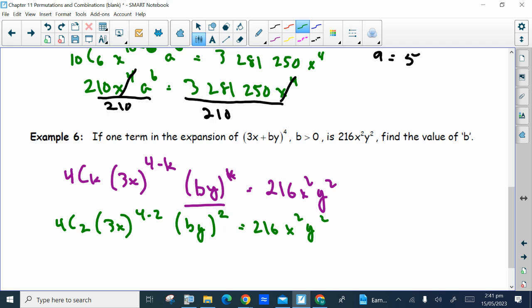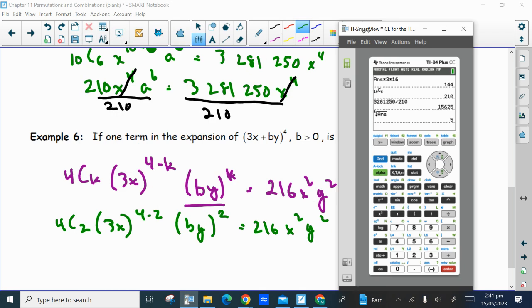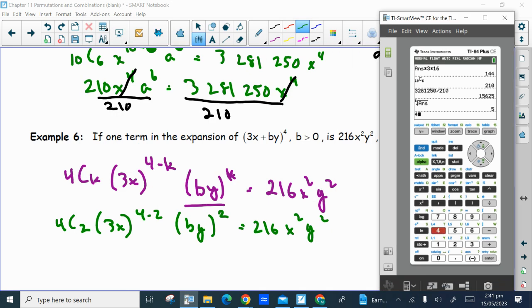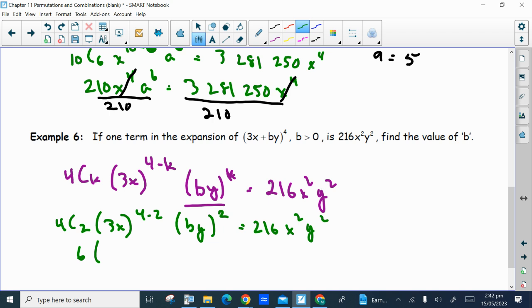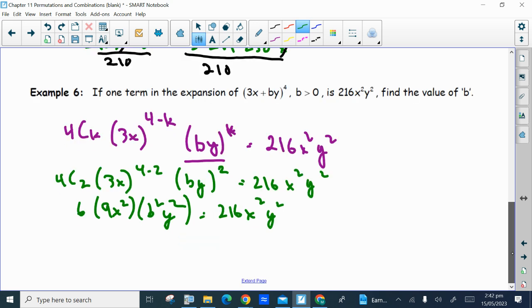So 4C2 is 6, times (3x) all squared would be 9x squared, times b squared y squared, must equal our 216 x squared y squared.